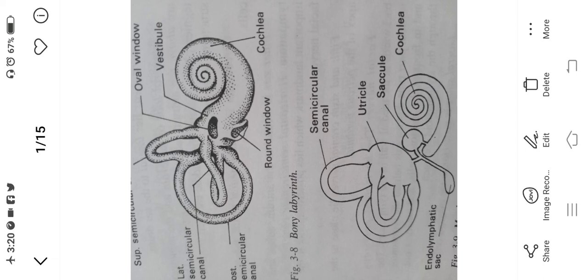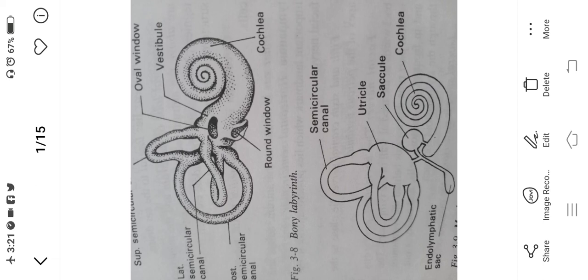So first is the conducting apparatus. This consists of conduction of sound through air and bone.